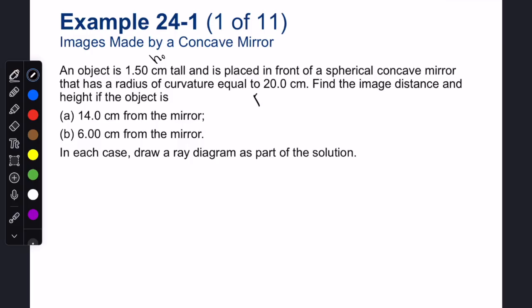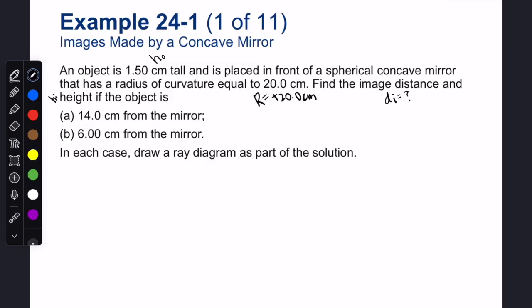So R will be equal to plus 20, because radius of curvature is positive for concave mirrors. We are asked to find the image distance and height. Sorry, image distance and height, so we need to find DI and HI.